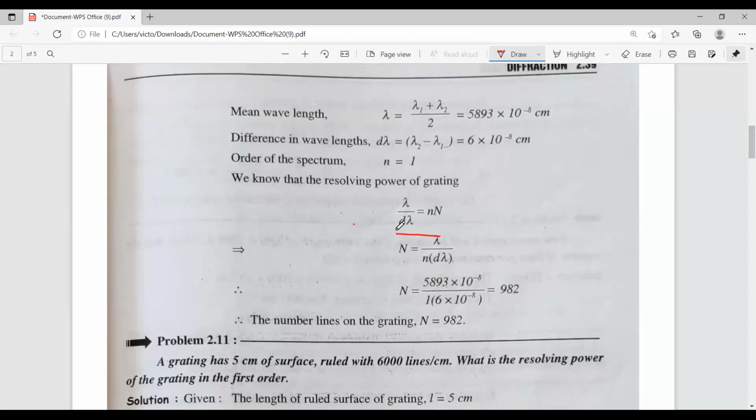So this is the formula, resolving power of grating, lambda by d lambda is equal to small n into capital N. Here, the lambda value is determined by taking the average, that is lambda 1 plus lambda 2 by 2.